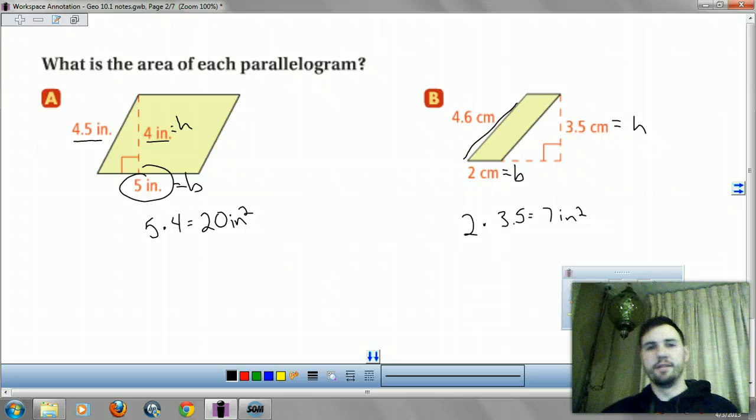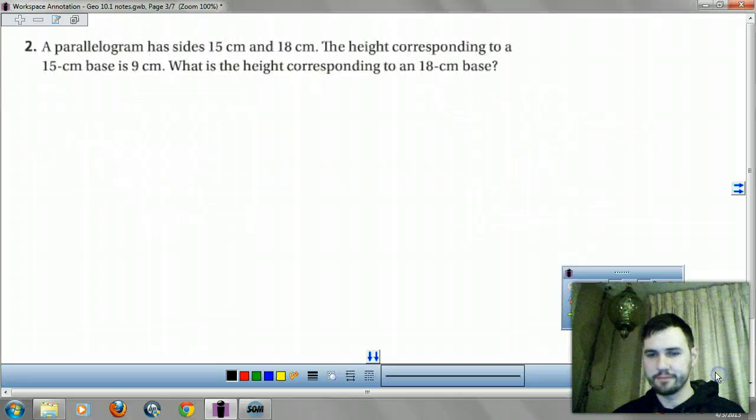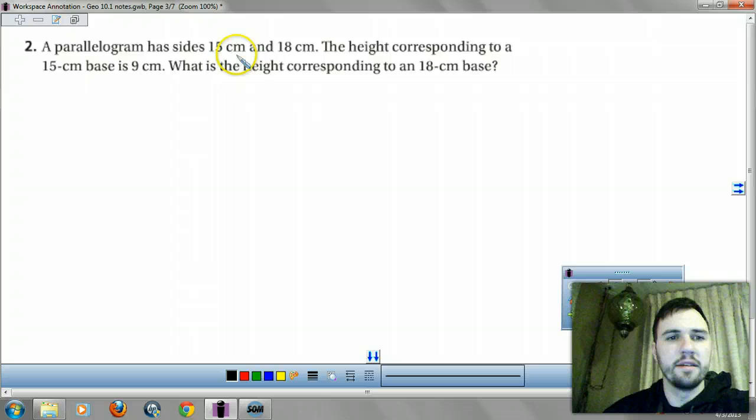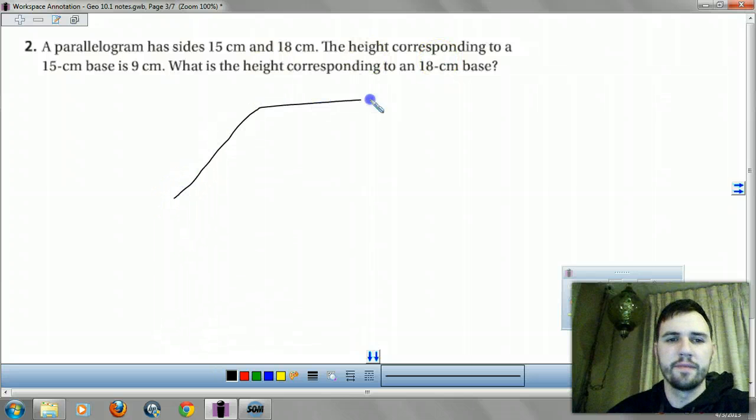I gotta teach you more. You have a parallelogram with sides of 15 and 18. The height corresponding to the 15 centimeter base is 9 centimeters. What is the height to the 18 centimeter base? So we gotta draw a picture here, guys. Here's my parallelogram.